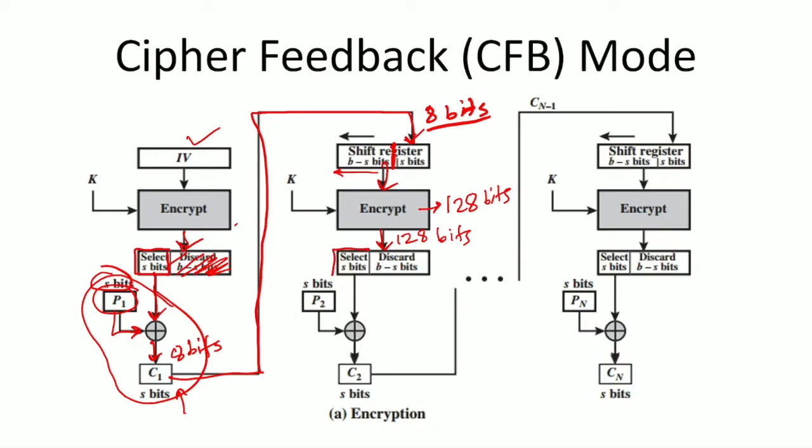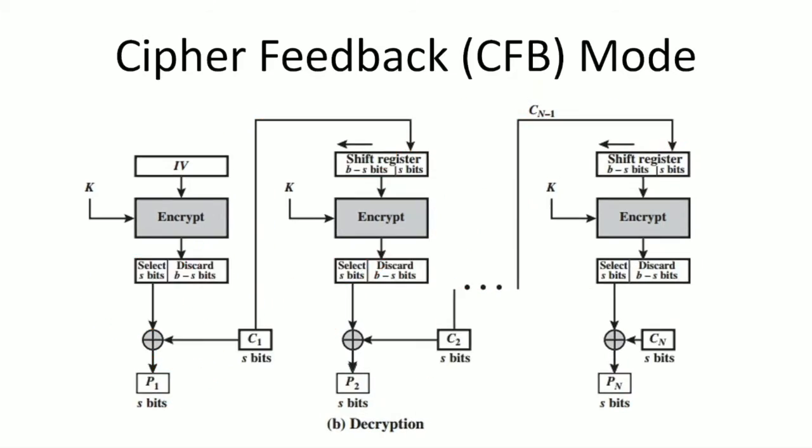So again, we're going to take the first 8 bits, assuming that we have S equal to 8, and then we discard the remaining 120 bits and use that to encrypt the next 8 bits in the plaintext. This ciphertext is then again going to be fed back to the next iteration.